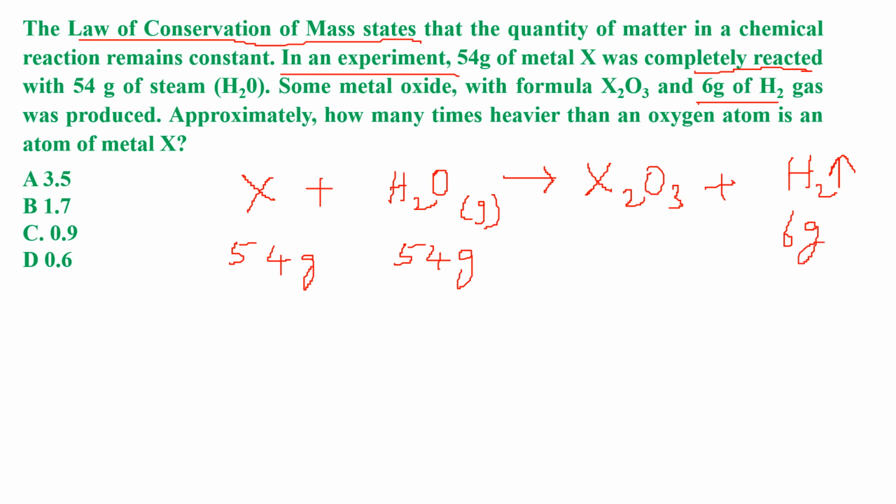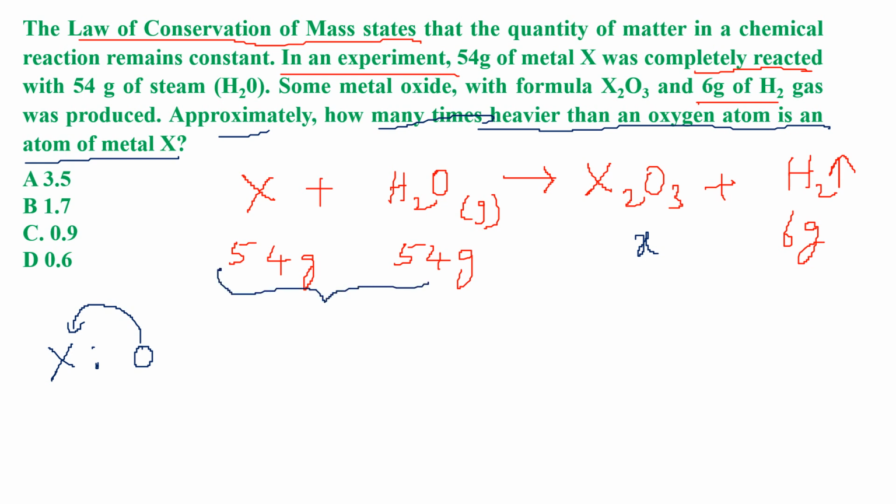Now he is asking: approximately how many times heavier than an oxygen atom is an atom of metal X? Then we'll see. X2O3, we don't know the weight, put X. First we'll do balancing, 3 moles here, then 2, then 3 twos are 6, 3 twos are 6.